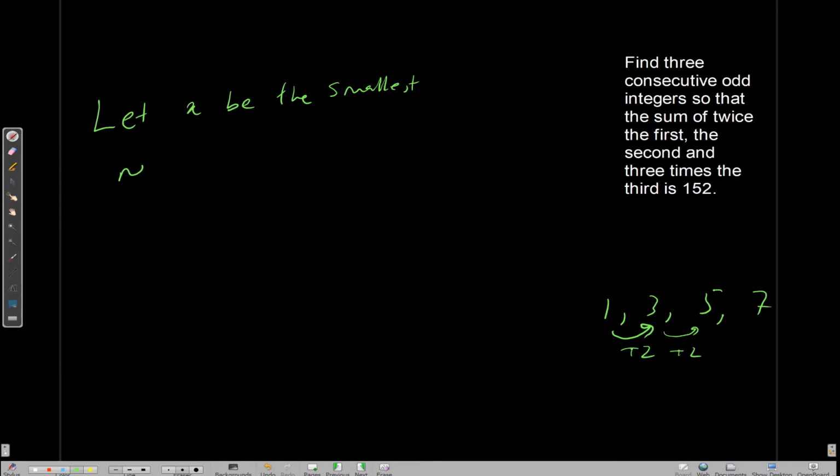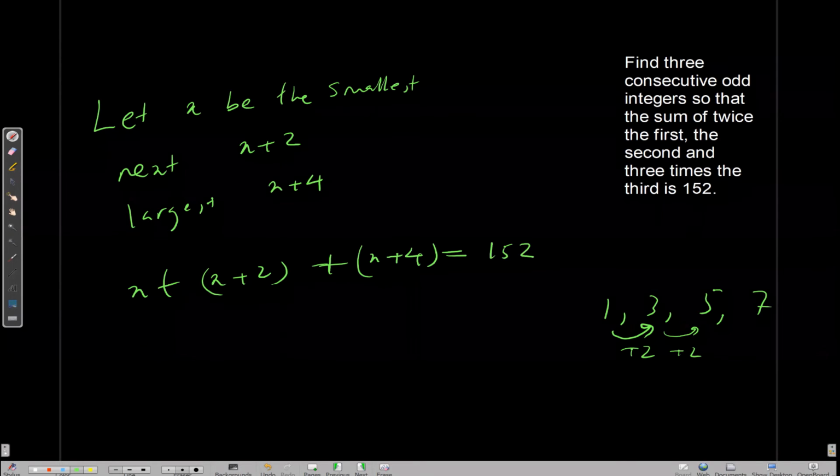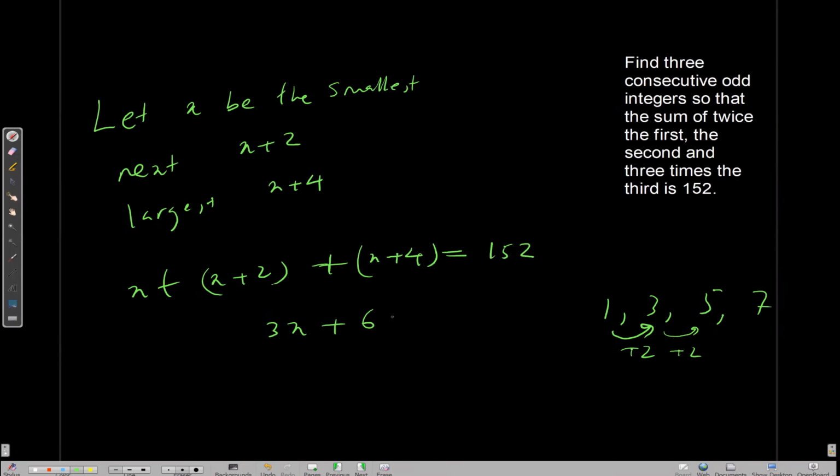So if x is the smallest, the next is going to be x plus 2, and our largest is x plus 4. So x plus x plus 2 plus x plus 4 is going to be 152. So I have 3x plus 6 is going to be 152. 3x is 146.